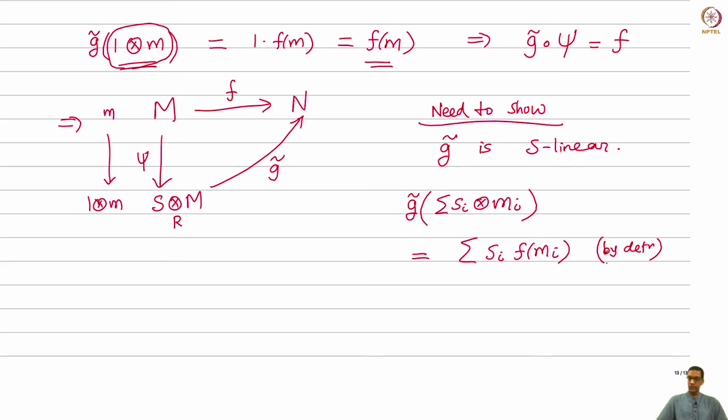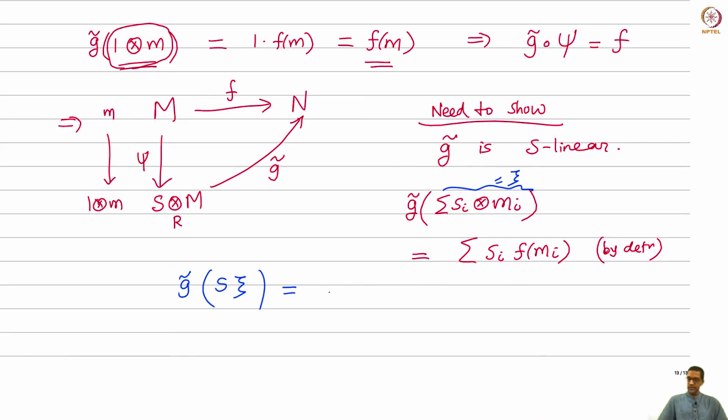Now let's check what happens if you multiply this by an S. So this is my element xi. If I multiply this by S, what is G tilde of S xi? Can I pull the S out is the question. Okay, so let's back up a little bit.